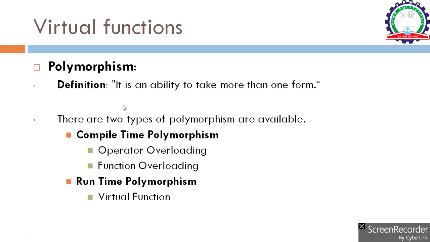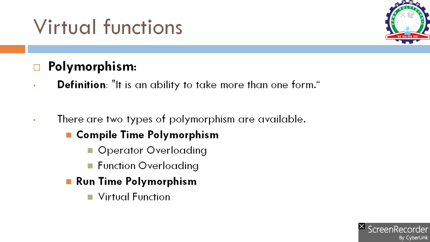As we already know about polymorphism in C++, we discussed polymorphism in unit 1. So what is polymorphism? It is an ability to take more than one form, right? Polymorphism is a feature that allows taking more than one form.